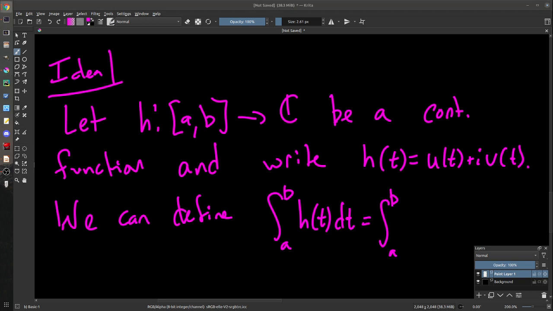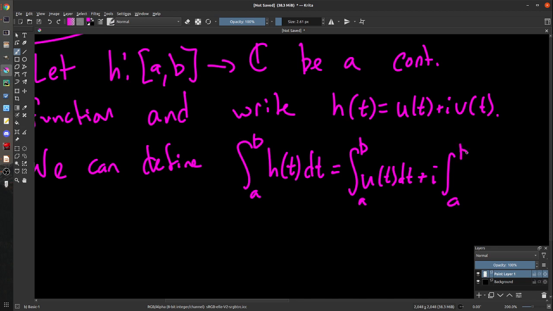That's a reasonable idea, right? We could just do the integral from a to b of u of t dt plus i times the integral from a to b of v of t dt.